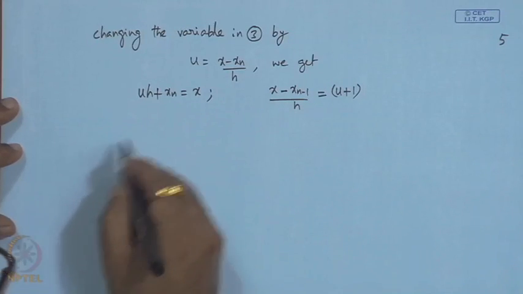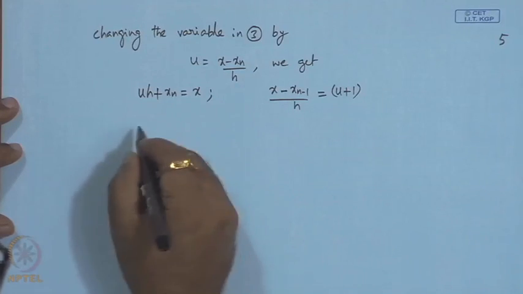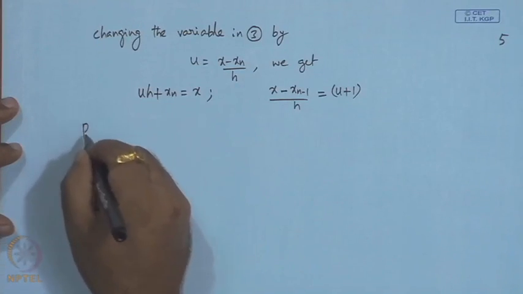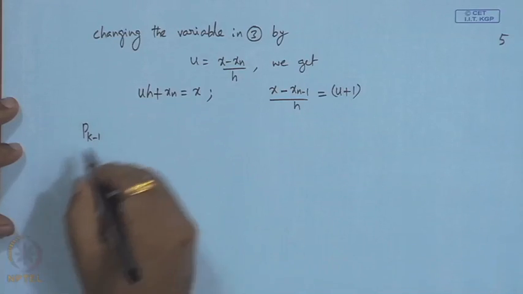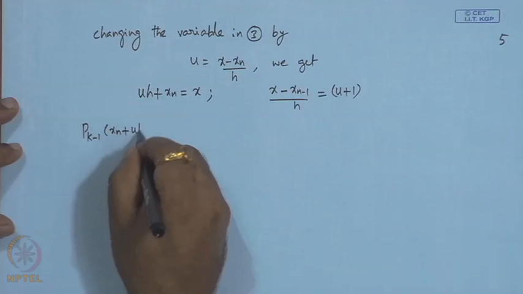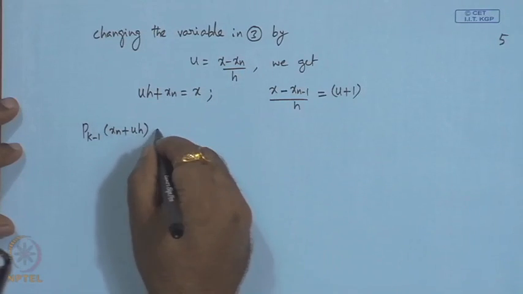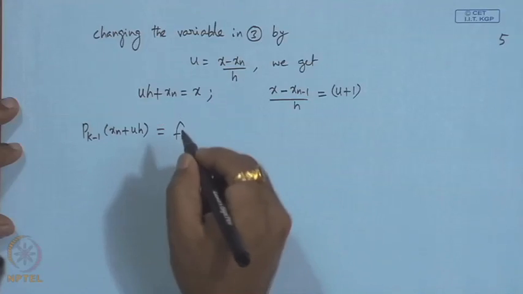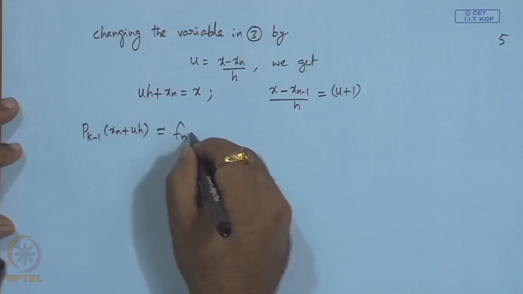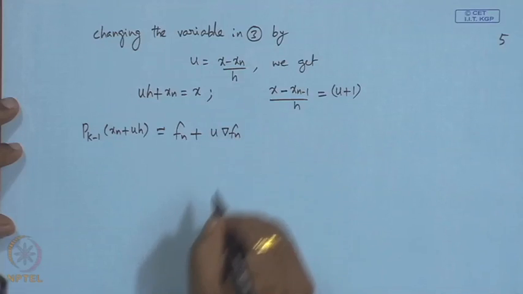So, hence with this our polynomial p k minus 1 at x n plus u h, because x is this, equals f n approximately, plus u times the first difference.